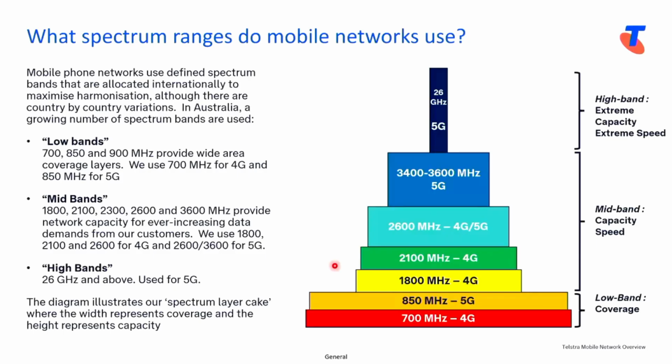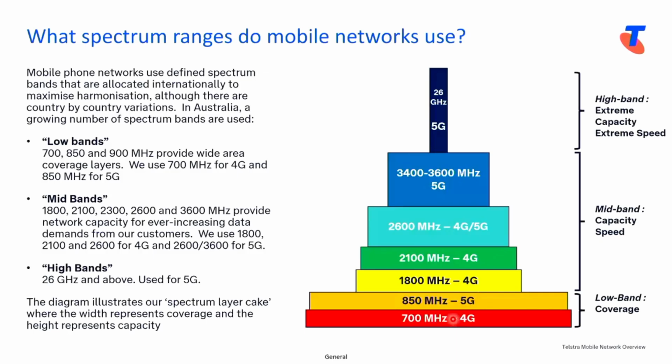So these bands up here get bigger and bigger. In fact, at 3.6 gigahertz, we're working with, well, at the moment, 60 megahertz carrier, but we've had 100 megahertz carriers there before. Down at 700 megahertz, we have a 20 megahertz wide carrier there.